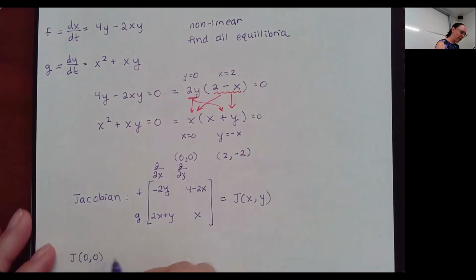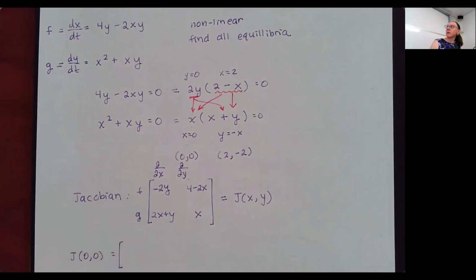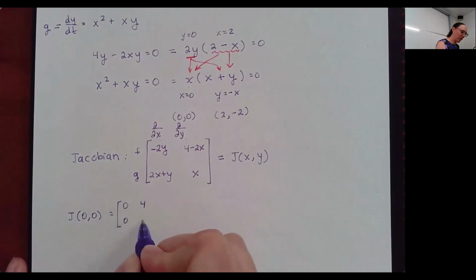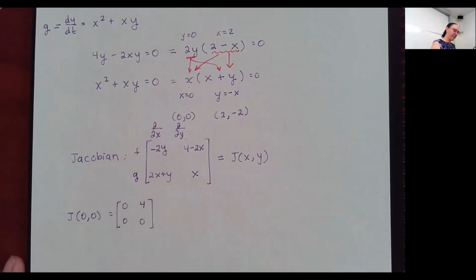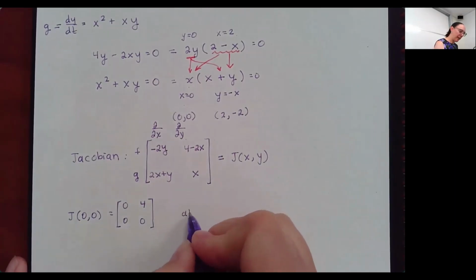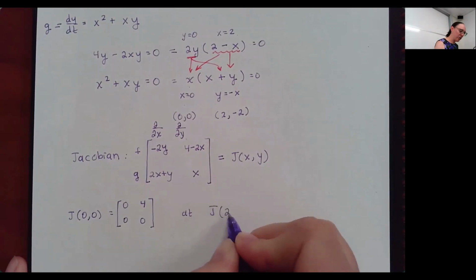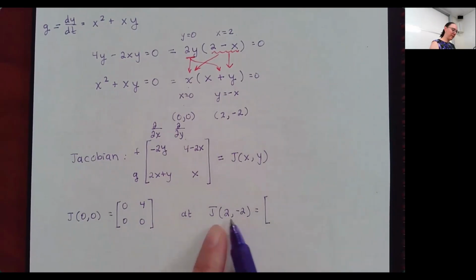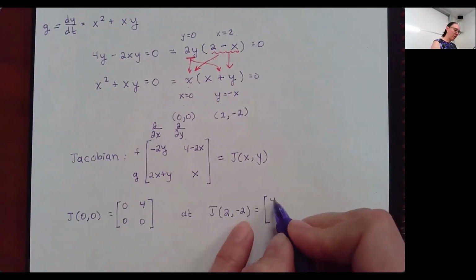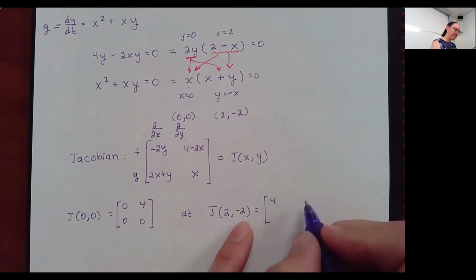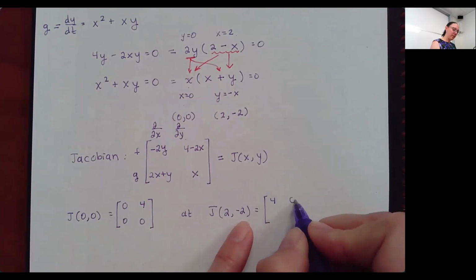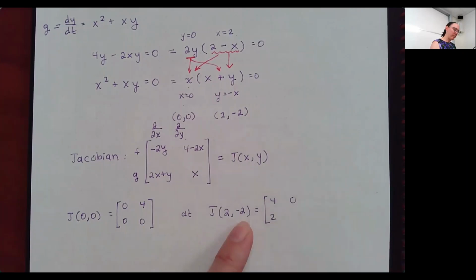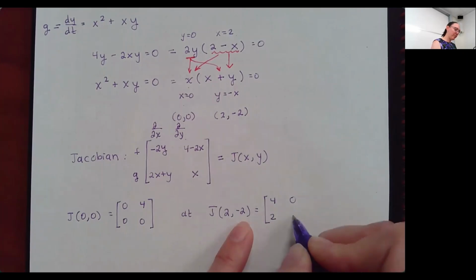So at 0, 0, this matrix becomes 0, 4, 0, 0. And then at our other point, 2, negative 2, our matrix becomes 4, 0, 2, 2.